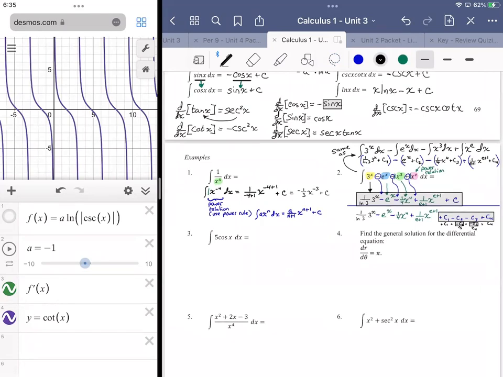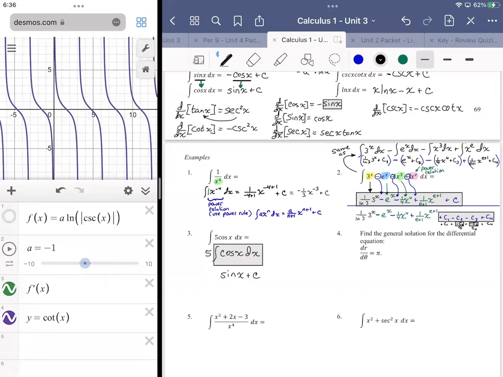I could look at that 5 and say, well, that's a constant multiple. I can factor that out and make this 5 times the integral of cosine x dx, which we know by rule is equal to the sine of x plus C. The only thing you've got to be careful about is the sign, because we're so used to taking derivatives: you see sine, you think cosine; you see cosine, you think negative sine, because that's what the derivatives are.